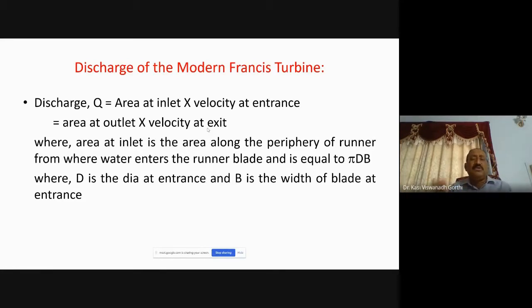So A1 V1 is equal to A2 V2, where area at inlet is the area along the periphery of the runner from where the water enters the runner blade and is equal to pi into D into B, because all through the periphery the water is entering, so it is called the circumferential area or peripheral area. If D is the diameter, pi D is the perimeter, multiplied by the breadth B gives you pi D B, which is the circumferential area at inlet.